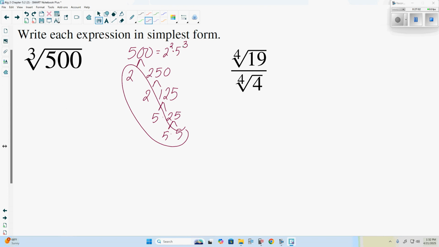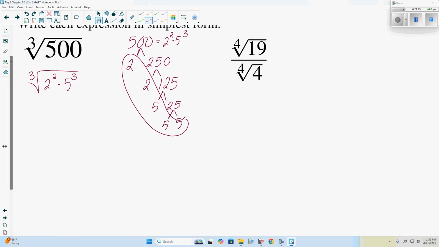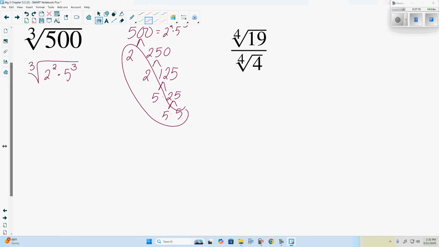So it's just breaking this down, which means for us the cubed root of 500 is the same as the cubed root of 2 squared times 5 cubed. Can we take the cubed root of 2 squared? No, because we need how many 2's? 3. We need groups of 3. We don't have it.